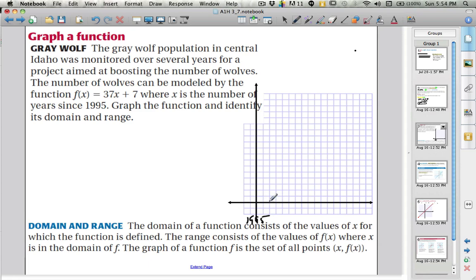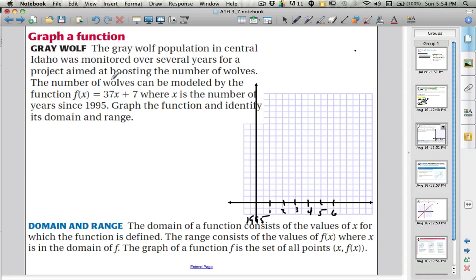And then this direction would be the number of years since 1995. So this would be 96, 97, 98, 99, but on our graph, they're going to be 1, 2, 3, 4, 5, etc. That's what we're modeling with this particular equation.